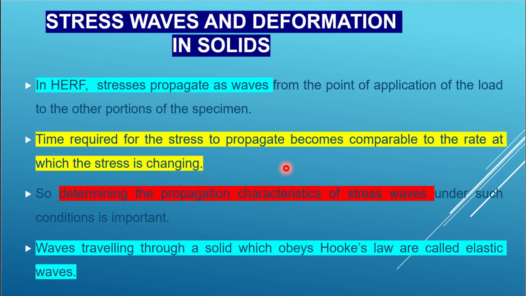So as strain rate is different, the time required for the stress to propagate also will be different. So basically, determining the propagation characteristics of stress wave is really important. That is why you need to derive an equation determining the propagation characteristics of stress waves.